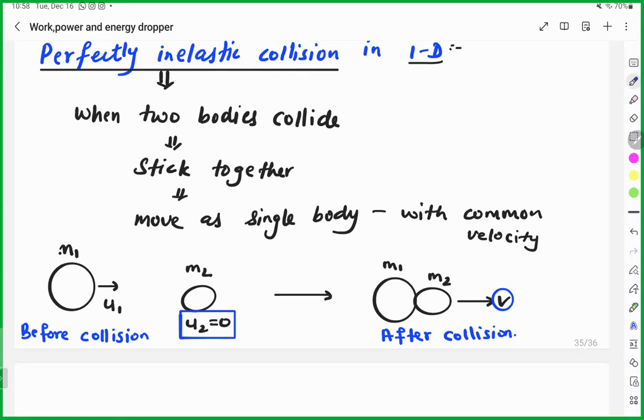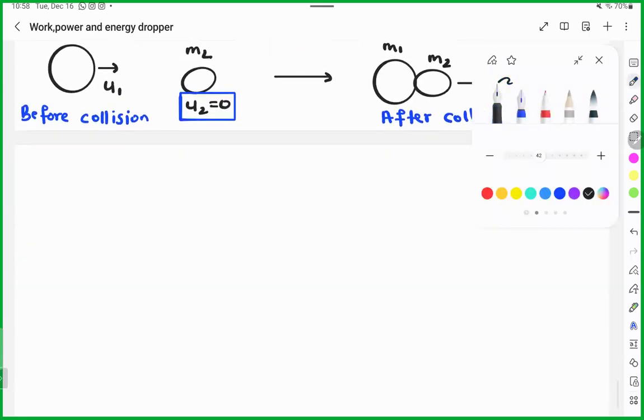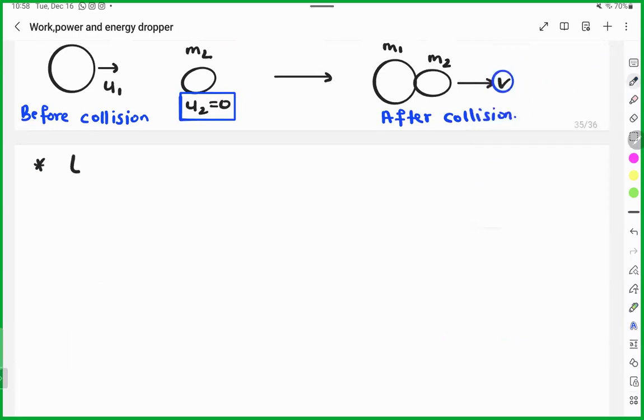Got it? Whether it is elastic collision or inelastic collision, you know linear momentum always remains constant. So we will apply that linear momentum will remain constant.